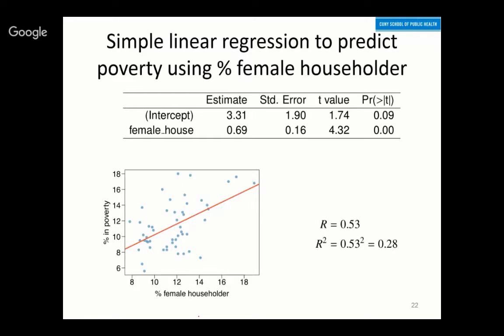It was that R equals the beta regression coefficient over the standard deviation of the variable. So same sign, just different scaling. But there's a small p-value here. There's a statistically significant association between poverty and the percentage of female householders, and a positive relationship.